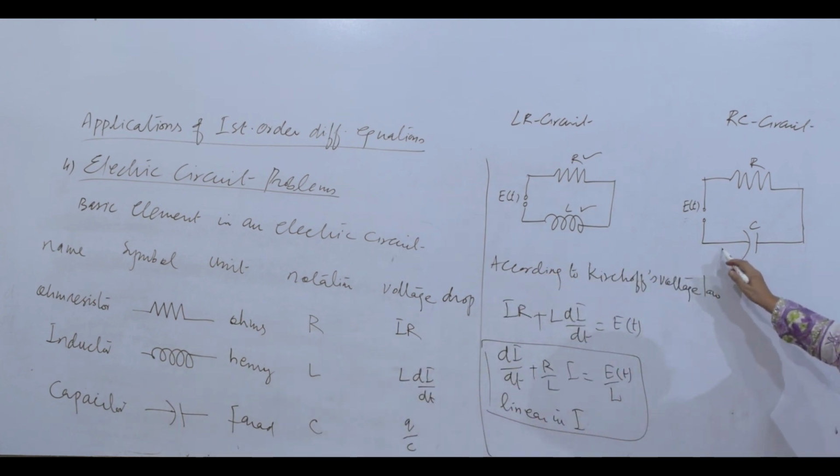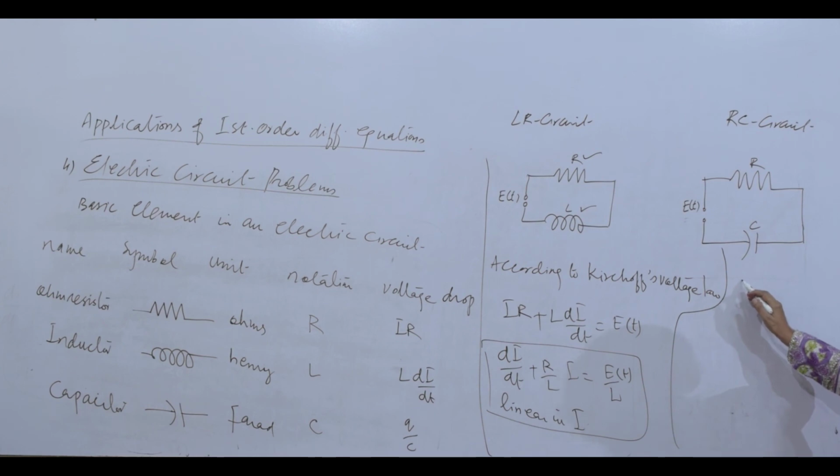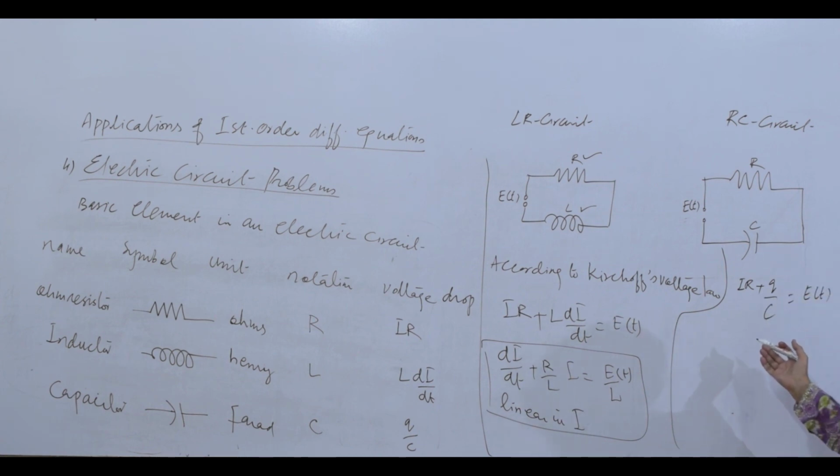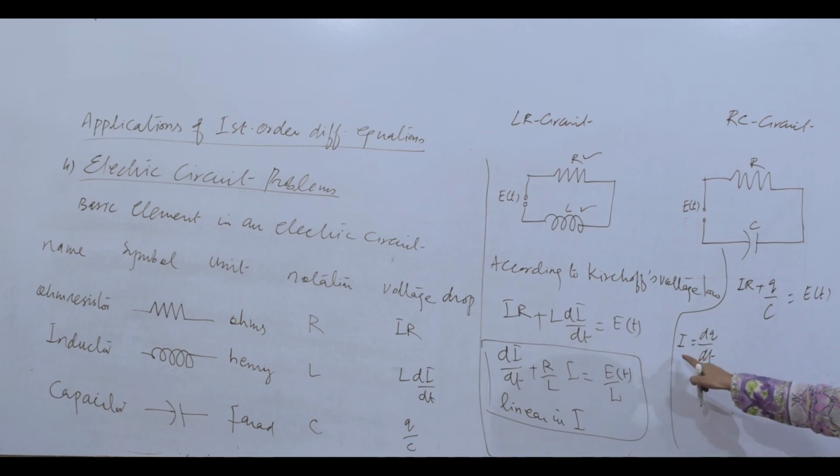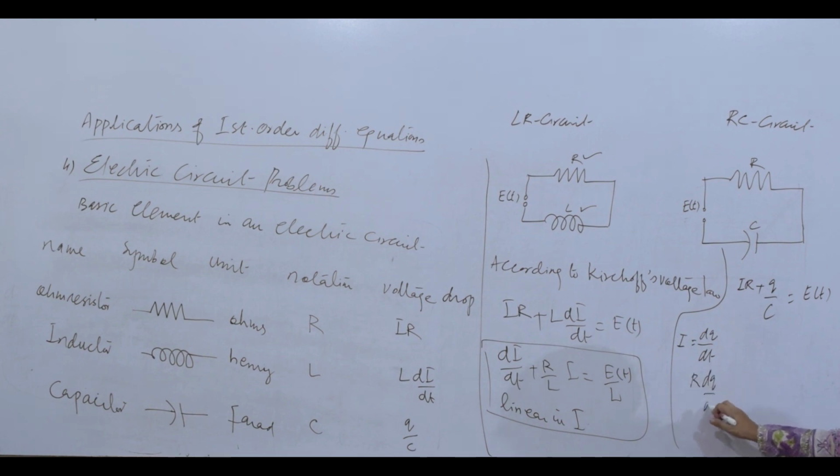Similarly for the RC circuit, according to Kirchhoff's voltage law, V is equal to IR plus Q by C, equal to the voltage. What is the relation between I and Q? dq by dt is equal to I. Let me replace I by dq by dt: R dq by dt plus q by C is equal to E of t.